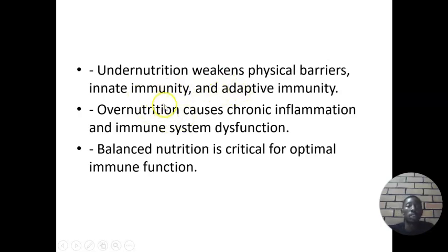And overnutrition, as you know, when someone has overnutrition, has adipose tissue or fat tissue which produces pro-inflammatory products, and is going to cause chronic inflammation and immune system dysfunction. The last thing I'm going to tell you is that balance in nutrition is crucial for optimal immune function.